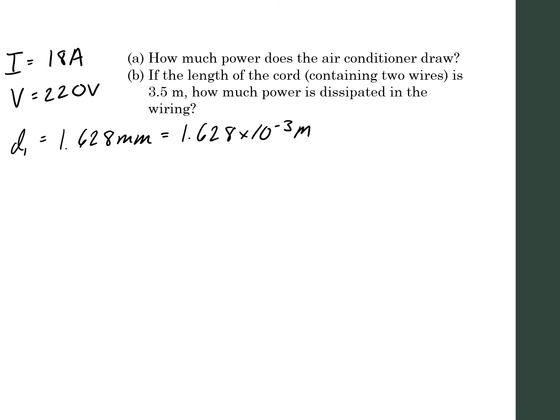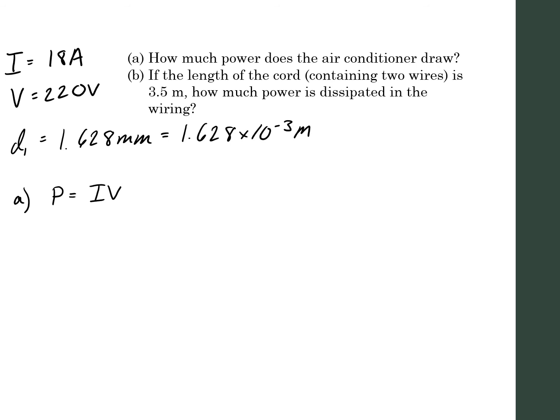So in part A, I'm just solving for the power. In order to solve for the power, I'm given the current and the potential, so I can just use my original definition that we introduced today for power. I don't have the resistance at this time, so I'm not going to be using that equation, even though I could go through and calculate it.